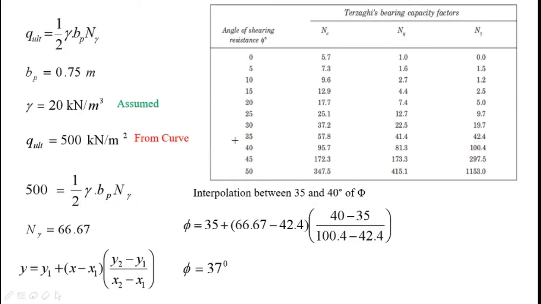So these are the two values of phi, and our N gamma equal to 66.67 lies between them. This is the equation of linear interpolation given over here. Use that equation and determine the value of phi. That value comes as 37 degrees.